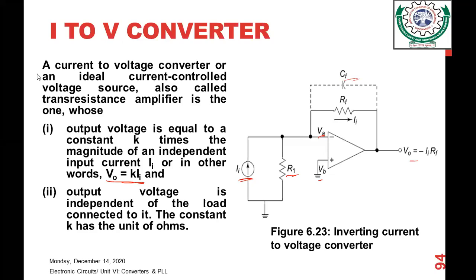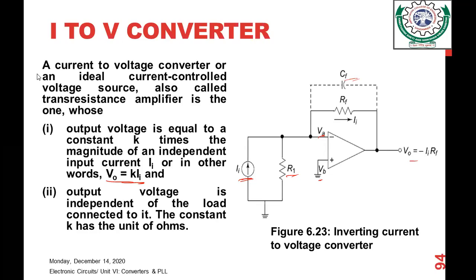For example, an output current proportional to an incident light energy. Some light energy is incident and obtained by some photo devices here, which you would use for generating the current. For voltage, we use the function generator, but for current, you have to use some sensors or transducers.